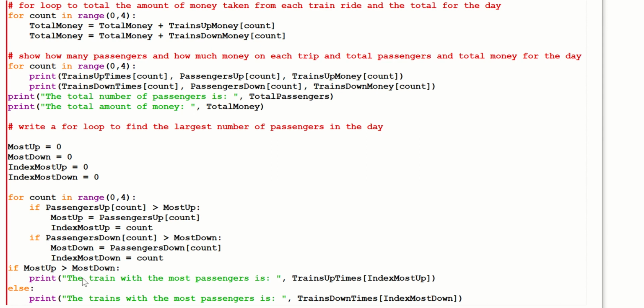Else, if most up is not larger than most down, then the chain with the most passengers is chains down times index most down. So the position in the chain times of index most down would be printed as the chain with the most passengers.